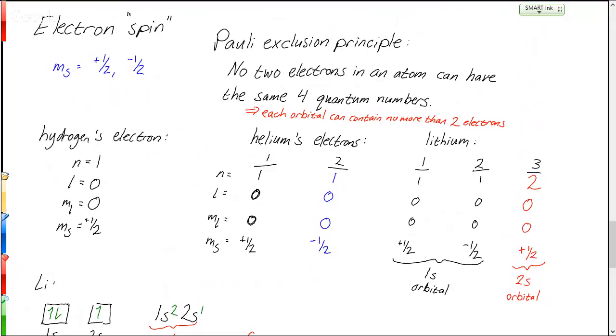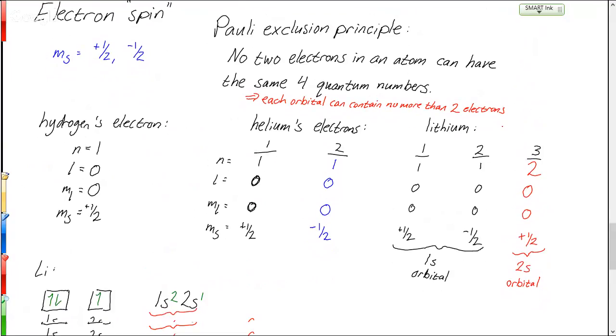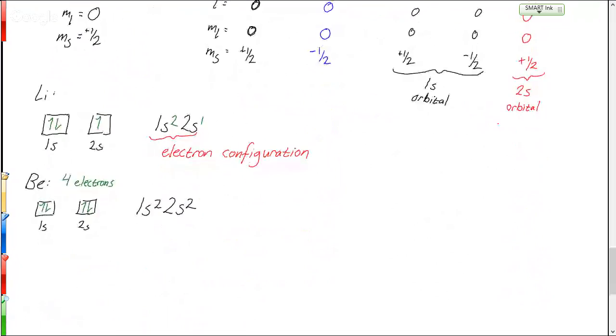Because if it had more than 2, there would have to be 2 electrons that had the same set of quantum numbers, the same set of all 4 quantum numbers. So that's a consequence of that, and that's why we can make these nice little arrow pairs to do the electron configuration. All right, so we move to boron.